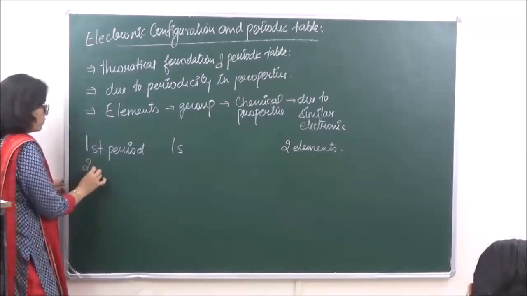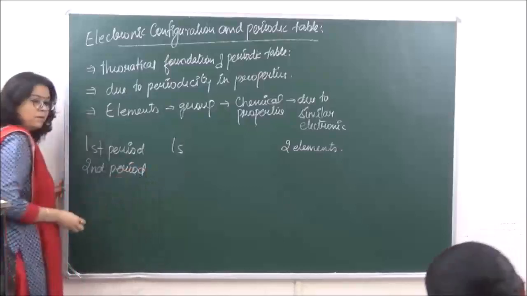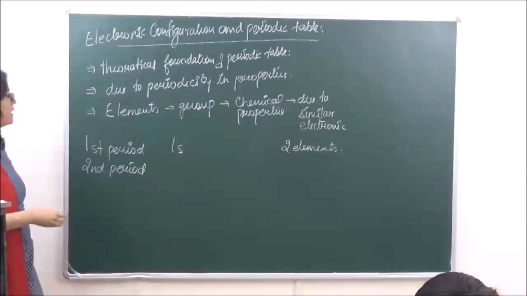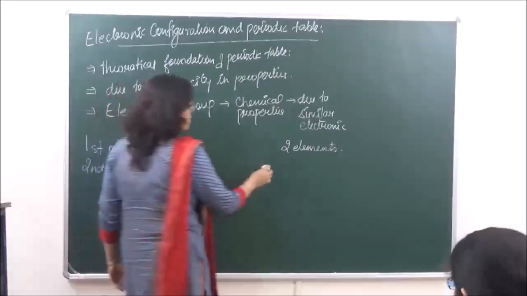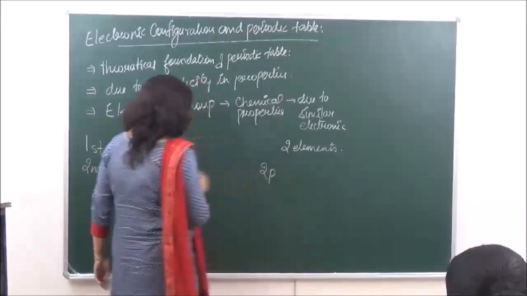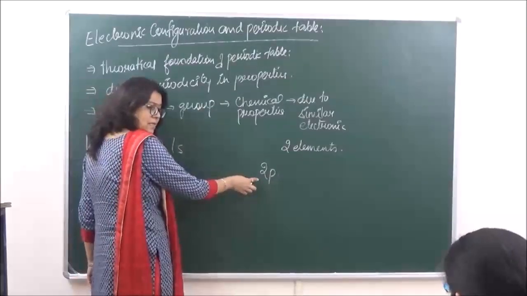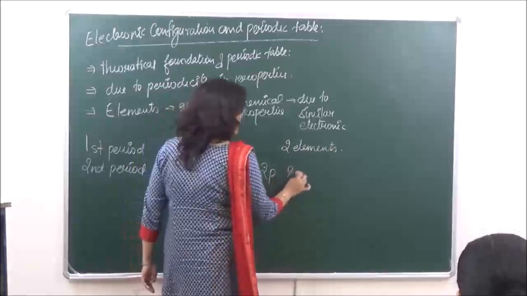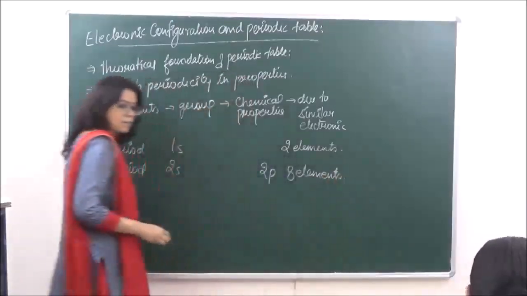When we are talking of the second period, in the second period we are filling up 2s, and we are filling up 2p. So how many elements according to this? 2 in this and 6 in this, so we are going to have 8 elements.